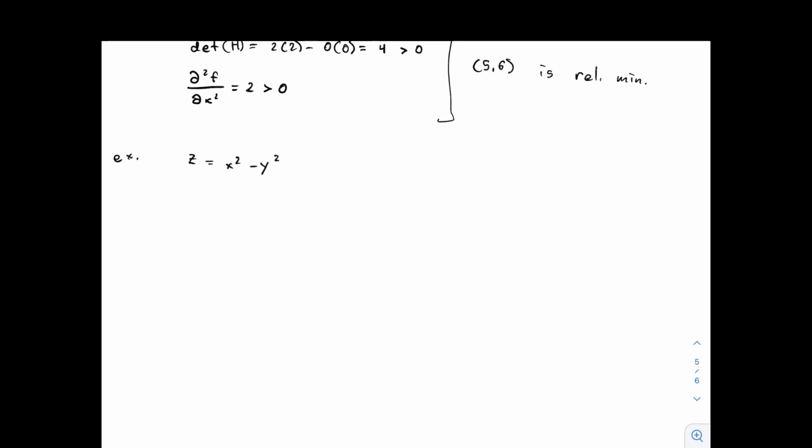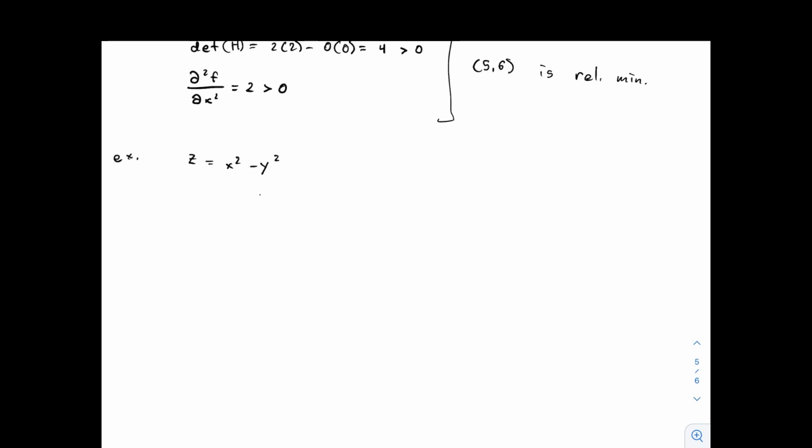And so in the xz plane, we have a parabola that opens upwards, and therefore we should have a relative minimum. On the other hand, if we consider x is equal to 0, then we're left with z equals negative y squared, and in the yz plane, we have a parabola that opens downward, and we should have a relative maximum.